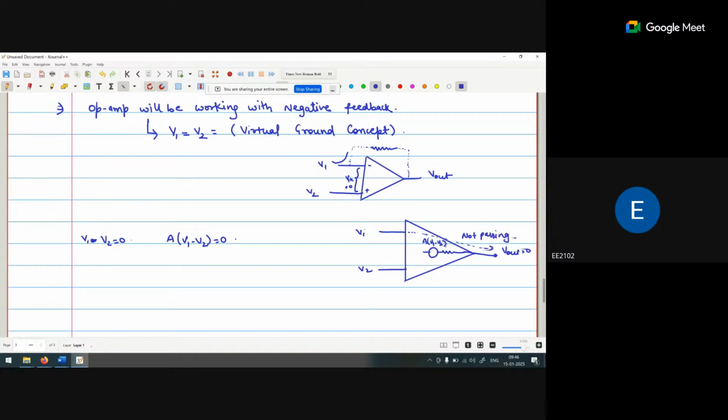So now how will the current pass? The current will be passing through the feedback circuit. Is it clear? Just wait a minute.